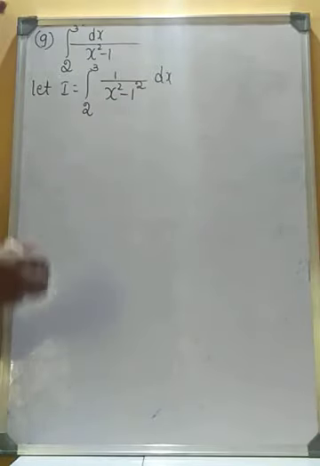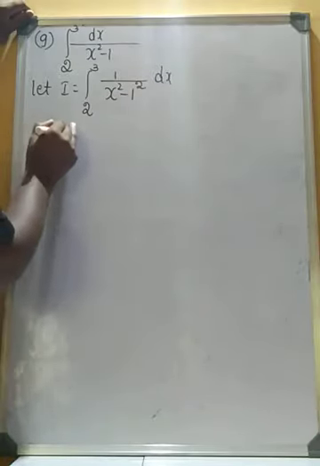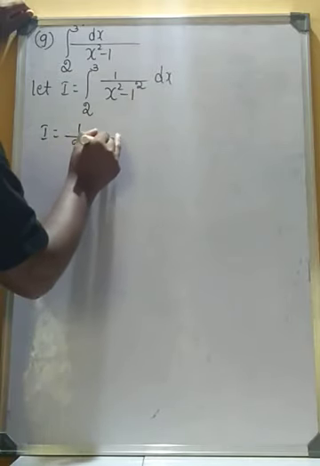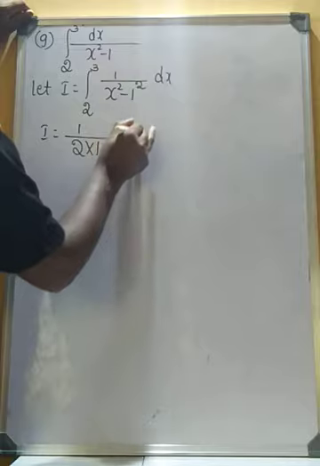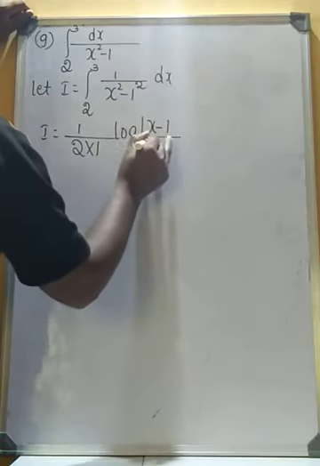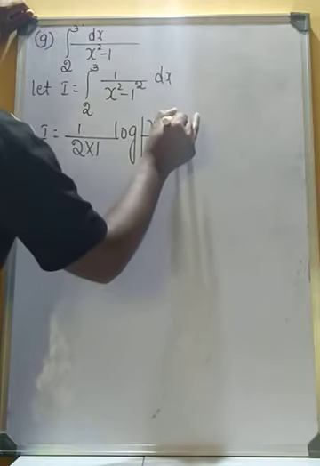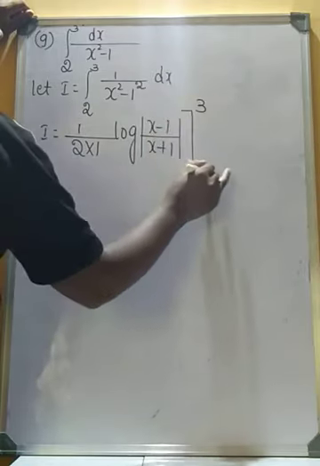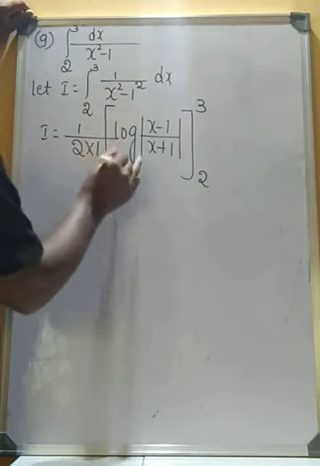You know the formula. Therefore, I equals 1 divided by 2a, a is 1, into log of mod x minus 1 divided by x plus 1. Upper limit is 3, lower limit is 2.